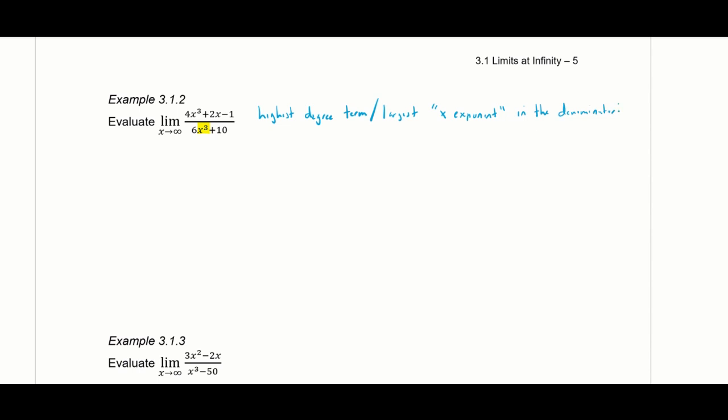In this case, it's x cubed, right? It's got the largest exponent in the denominator.